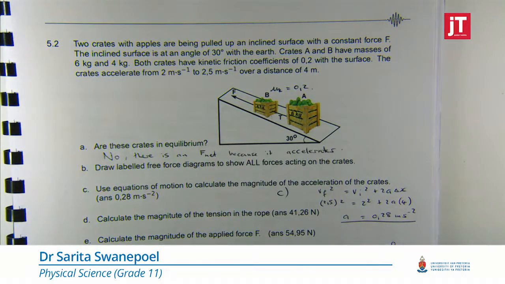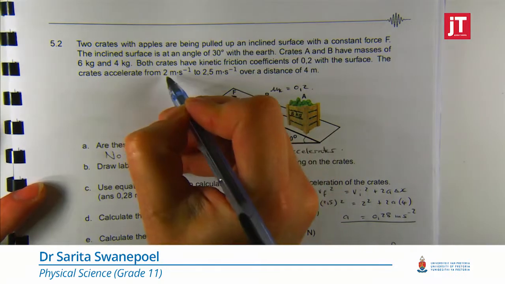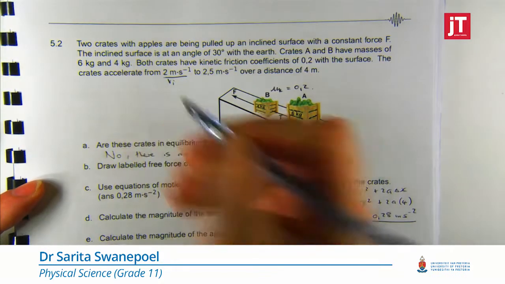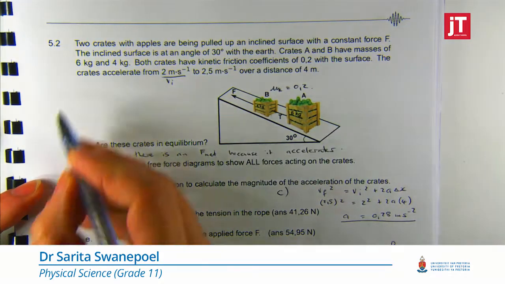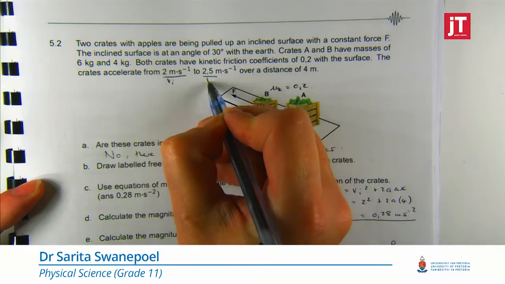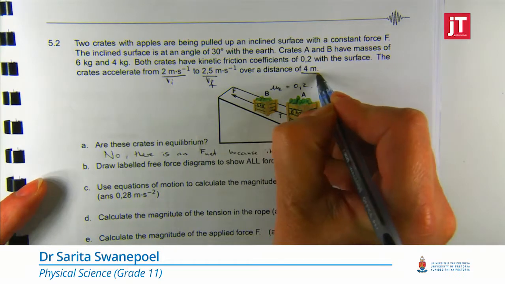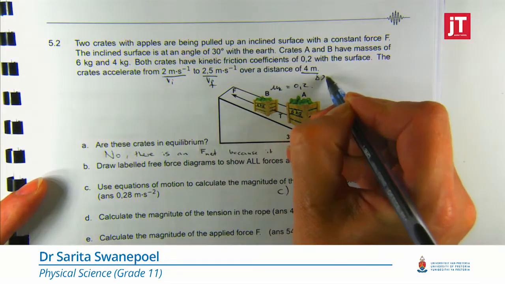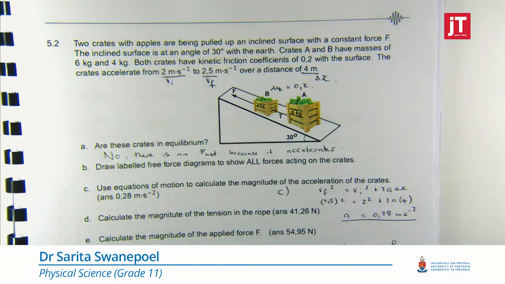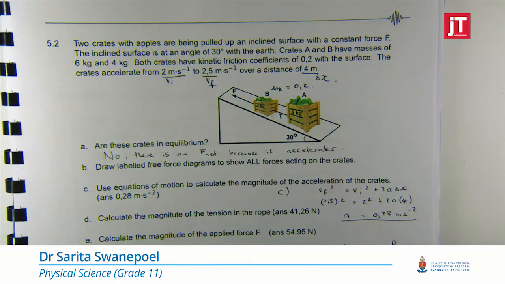Then the last thing, the crate accelerates from 2 meters per second, so that was my initial velocity, and it went to 2.5, so that was my final velocity, over a distance of 4 meters, so they also gave you delta x. And then the first question was, are these crates in equilibrium?